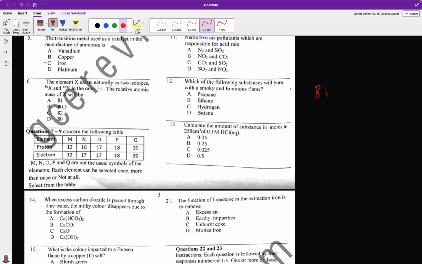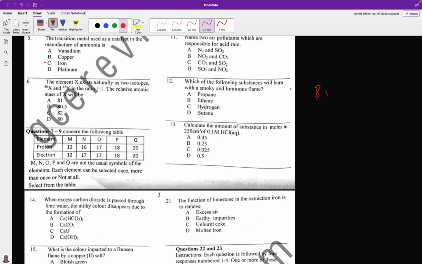I said the element X exists naturally as two isotopes. The first has an atomic mass of 80, and the second has an atomic mass of 82, in the ratio 1:1.